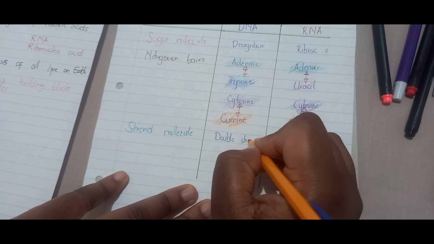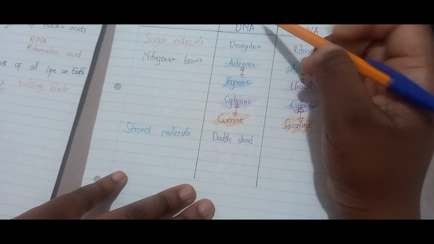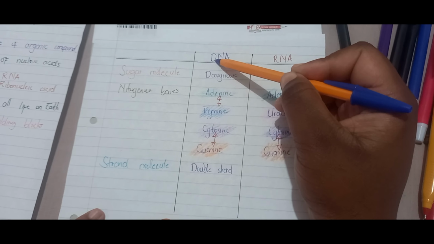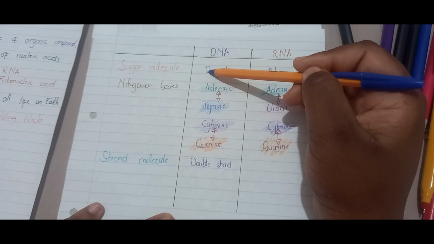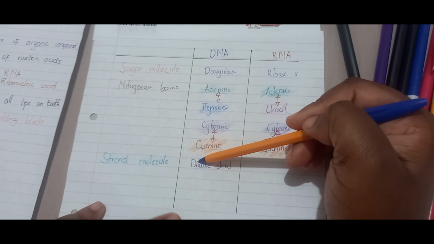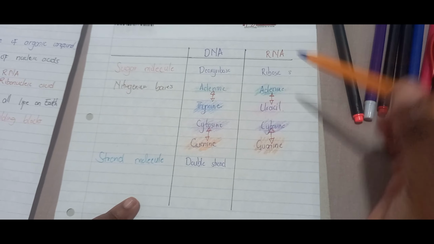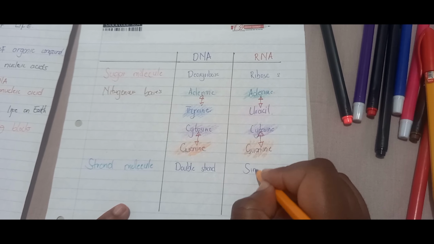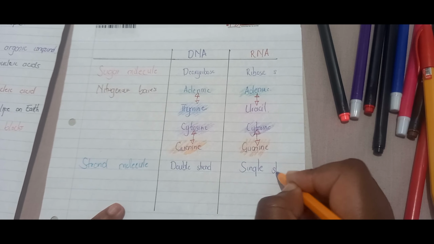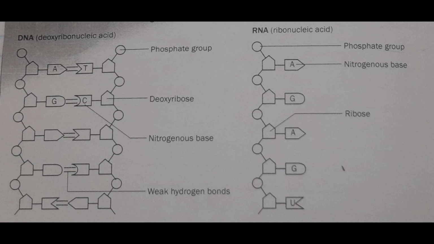DNA, deoxyribonucleic acid, deoxyribose sugar, double strand. RNA, ribonucleic acid, ribose, but then it's a single strand. As I said, I'm going to get the pictures with the strands molecule.